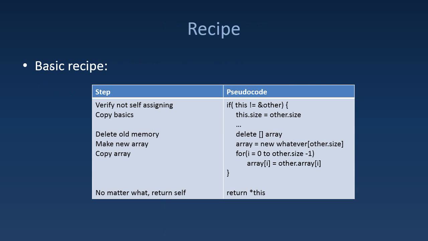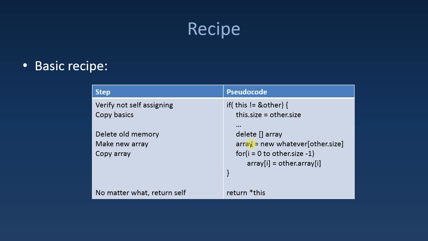All right, so boiled down, the basic recipe is if I want to do an assignment operator, which if I'm managing memory, I better have along with my copy constructor and my destructor. For the assignment operator, I verify that we're not self-assigning, so I have something like that. I then copy the basic information. I delete my old memory.